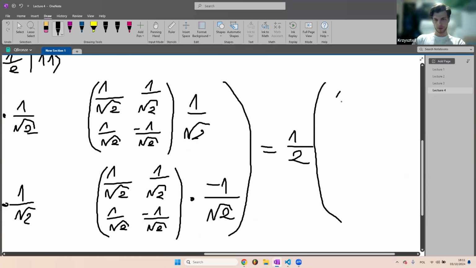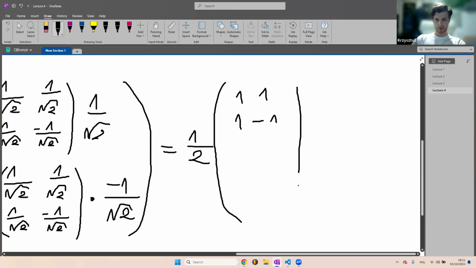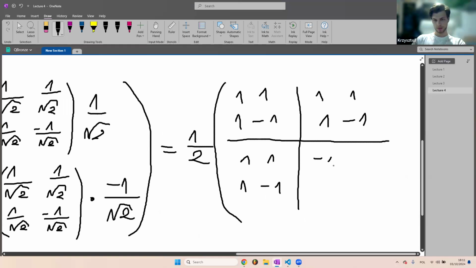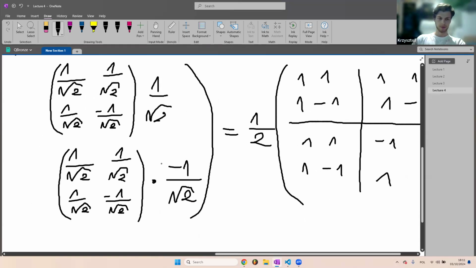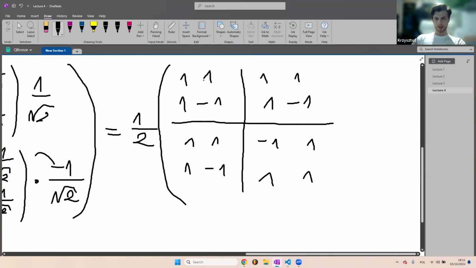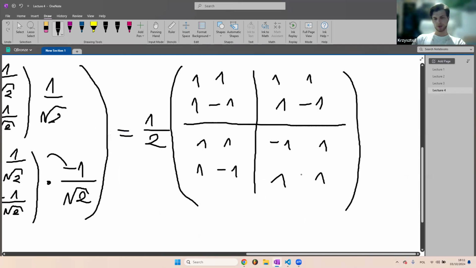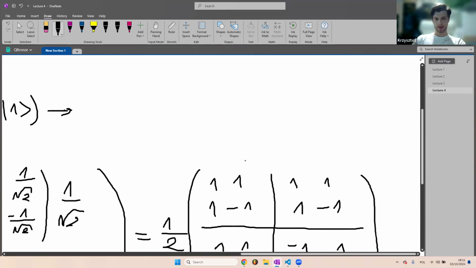And now we have 1, 1, 1, minus 1, and we can divide this into 4 parts. We also have 1, 1, 1, minus 1, then 1, 1, 1, minus 1, and minus 1, 1, 1, 1, because of the minus in front of here. So this was a quick introduction to the tensor product, how you may think of it, and how to calculate it.